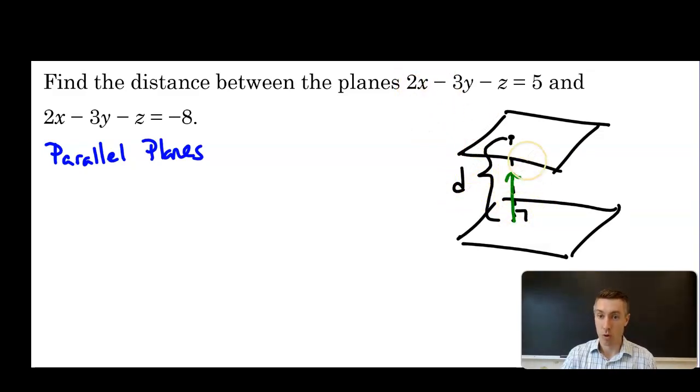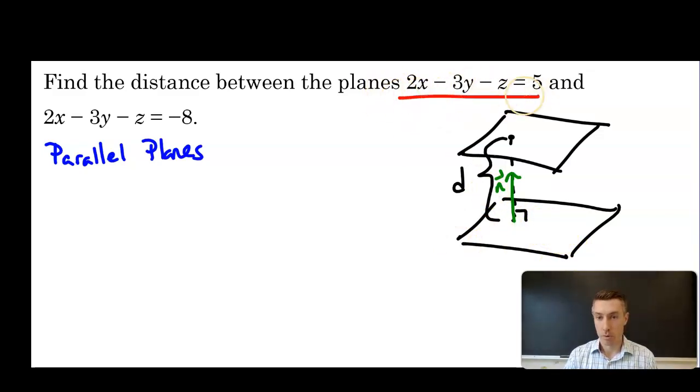In this case, we have two normal vectors, one off of each plane, and we want to find that distance. So essentially, we can make this problem easier and relate it to the problem that we just completed. If we find a single point on the first plane, then all we have to do is find the distance from that point to the other plane, which is exactly like what we did in the first example, right?